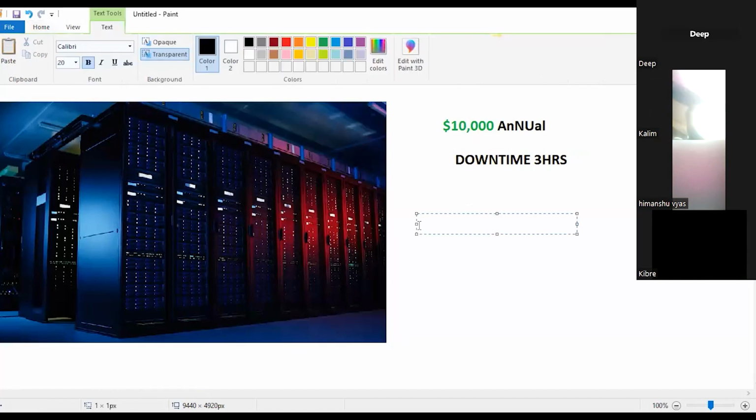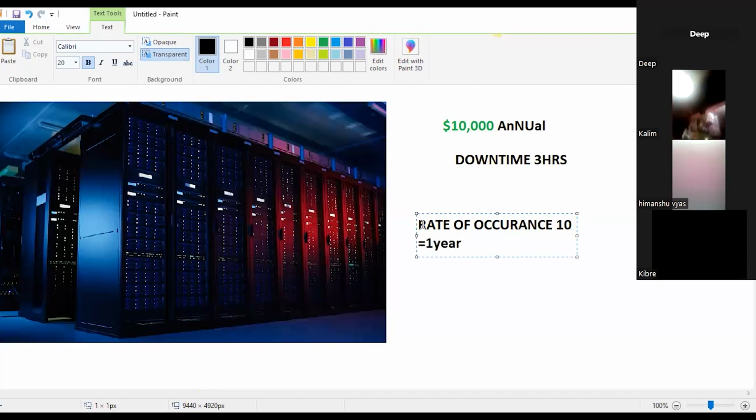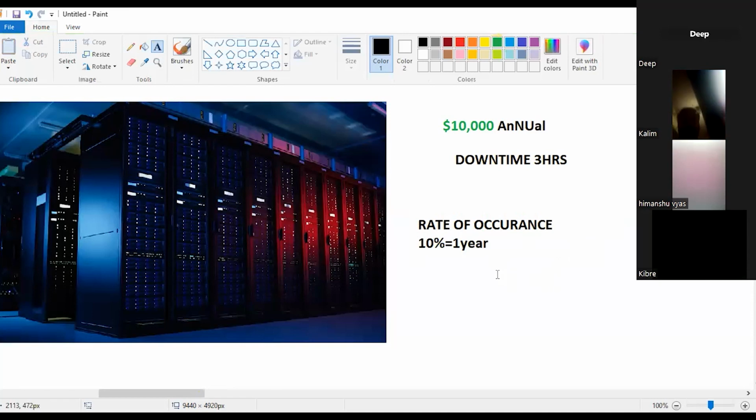And let's say the rate of occurrence is 10% in 1 year. So again, we have a server that generates $10,000 annually, there's a downtime of 3 hours, and the failure in 1 year is expected at 10%.